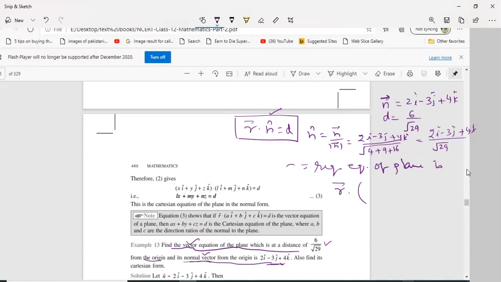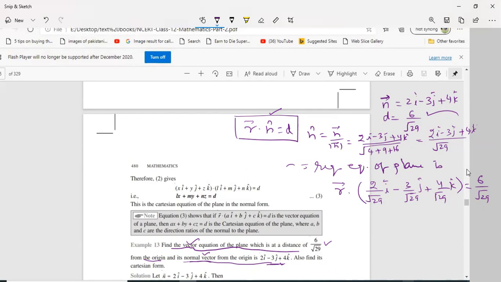R dot, we can write by splitting into their components: 2 by root 29 i minus 3 by root 29 j plus 4 by root 29 k is equal to d. D is the distance given, 6 by under the root 29. That's it. This is your equation. So like this we can do. This is the normal form.